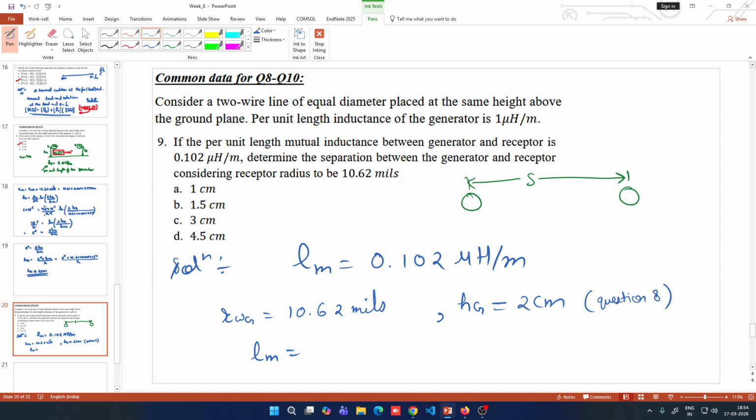The per unit length mutual inductance is given by mu naught by 4 pi times ln of 1 plus 4 times Hg into Hr divided by S square. In the problem they are at the same height above the ground, so Hg and Hr both are 2 centimeters.